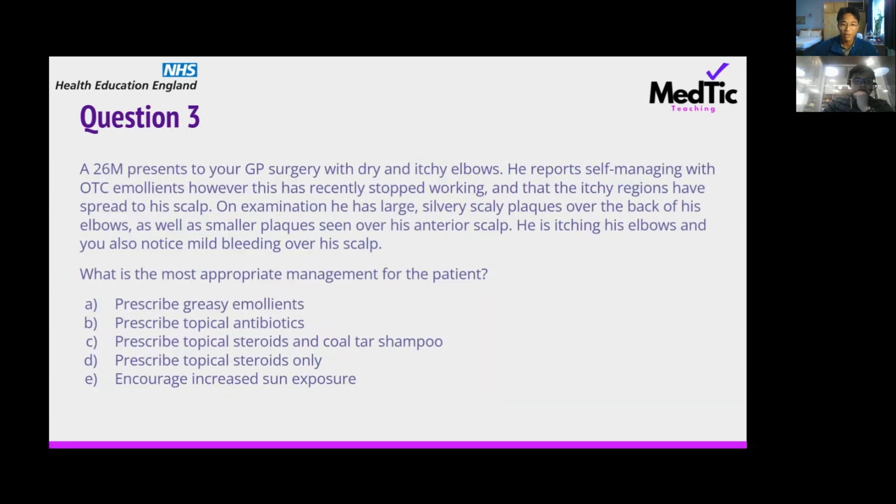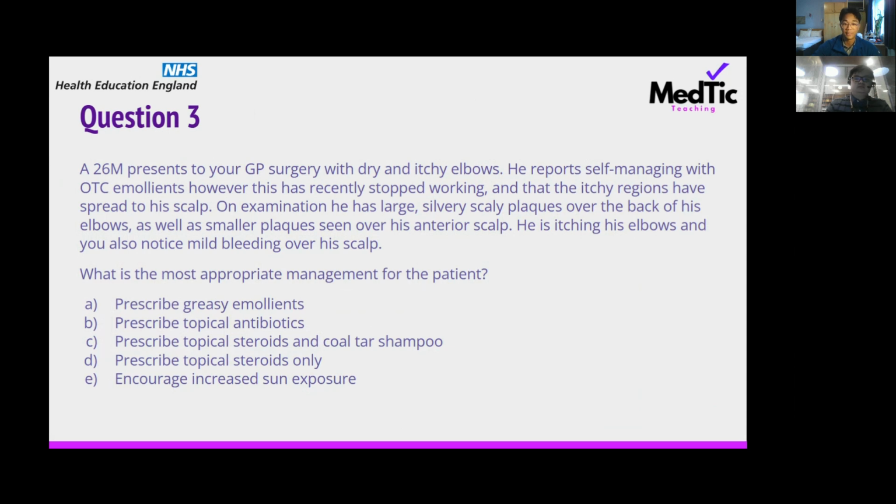Alrighty. Question 3. A 26-year-old male presents to your GP surgery with dry and itchy elbows. He's currently self-managing this with over-the-counter emollients, however, it's recently stopped working. And the itchy regions have started to spread up to his scalp.